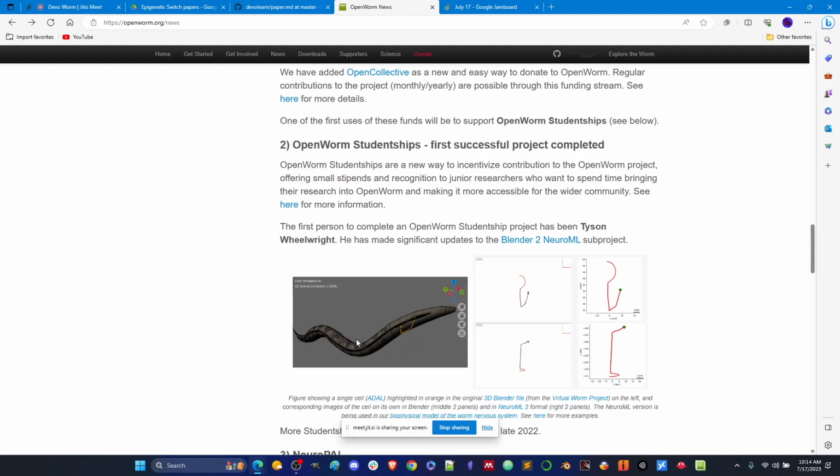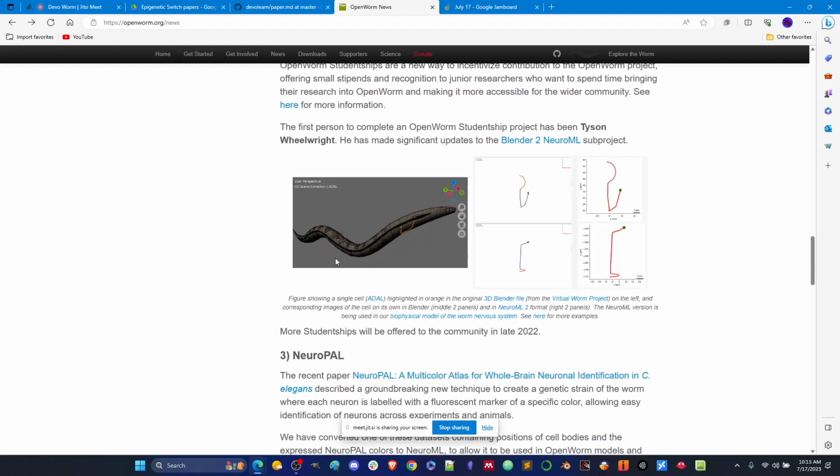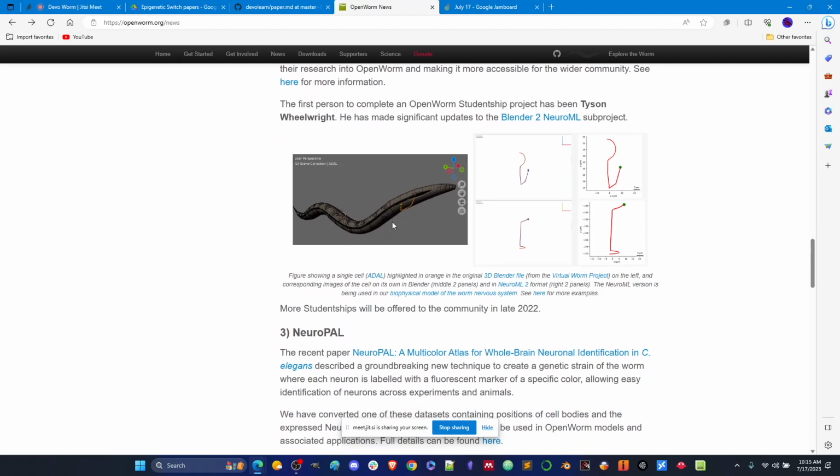You can get inside the worm to some extent. This had to be improved because it's kind of dated now. So Tyson Wheelwright, who's I think a graduate student at the University of Wisconsin now, worked on this, doing this in Blender. This model is open source, so if people are interested in working on it more, it's possible to create a fork and to work on it.